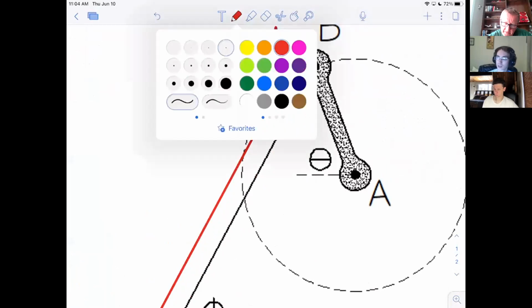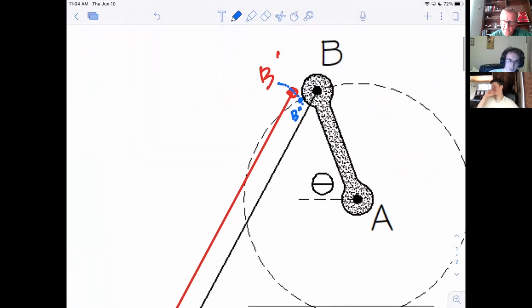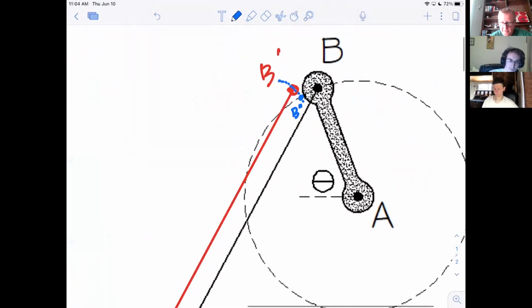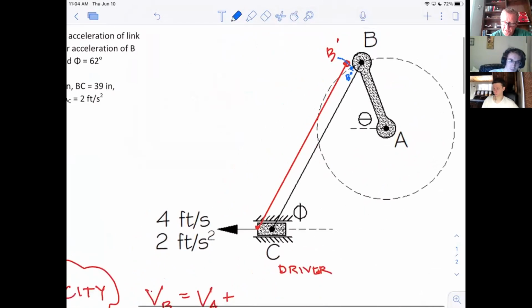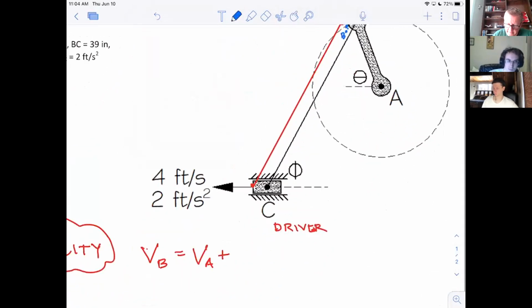The very next thing it has to do is rotate back into position, because that's where B is actually going to be. That's B double prime. B started out, went to B prime, then went to double prime. So the second part of this equation is the velocity of B. I'm sorry, I called that A. Why did I call that A? If this stuff isn't confusing enough, I've got the letters wrong.